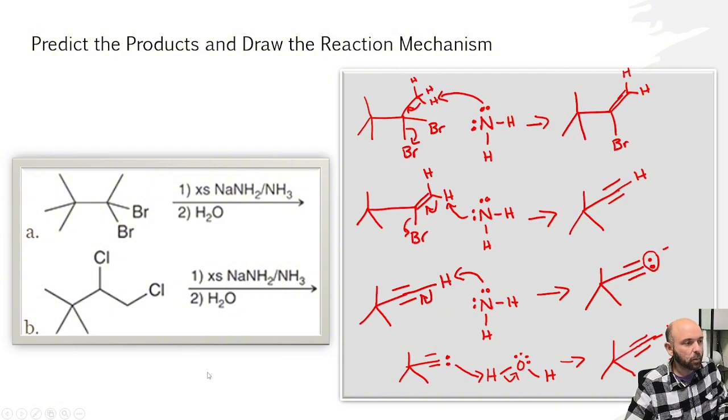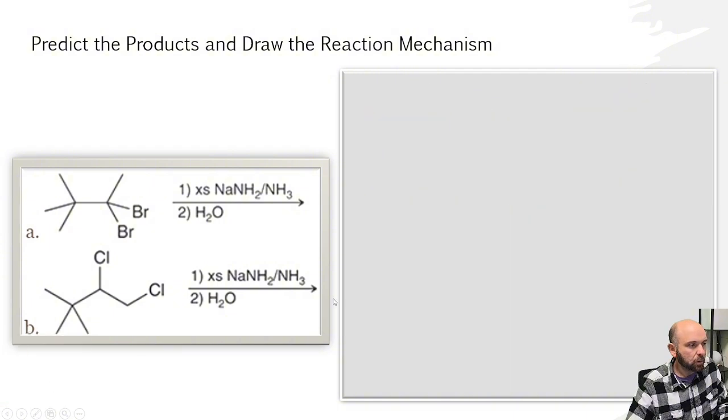We saw how that works with an example where the halogens are on the same carbon. Now we'll look at example 2 where the halogens are on adjacent carbons. And so I'll redraw the species here.